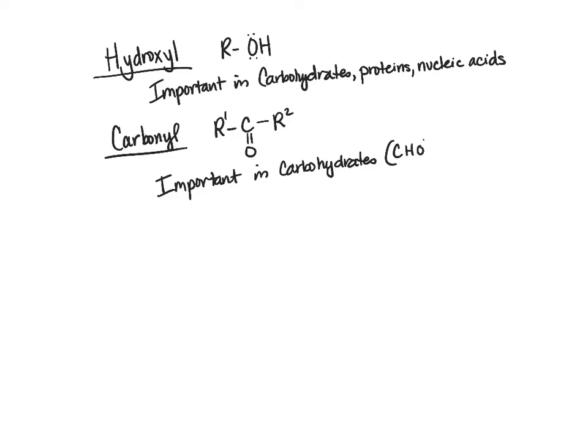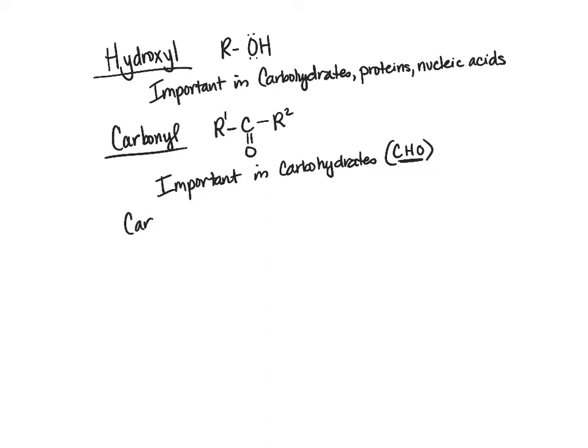CHO is short for carbohydrates. That's because carbohydrates are typically made up of these long chains of carbons and hydrogens with some oxygens in them. So shorthand for carbohydrates is CHO, which I'll be using as we move on through the organic chemistry unit. So the carbonyl group is important in carbohydrates.